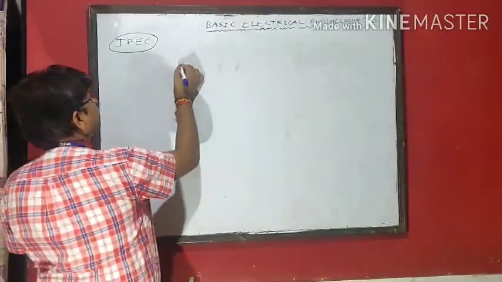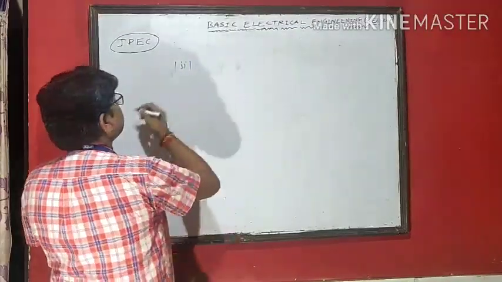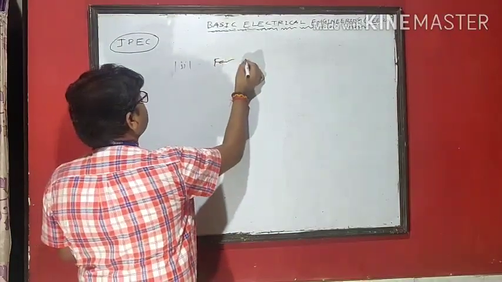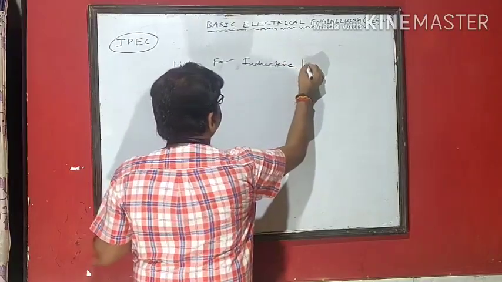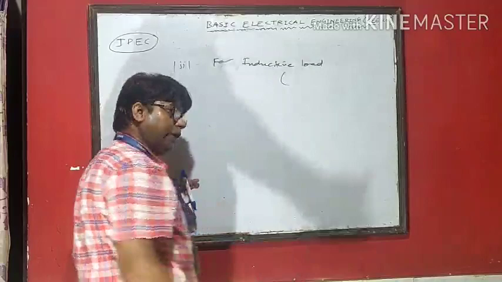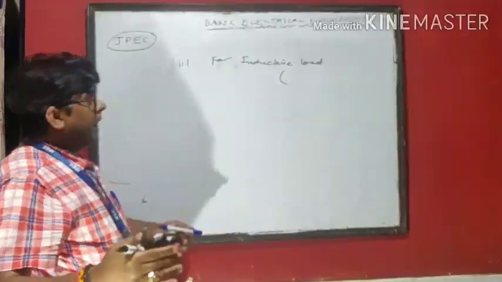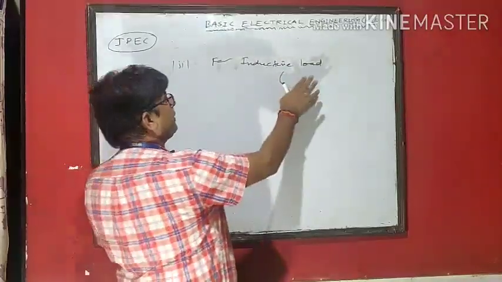Second part. For inductive load. Not pure inductive, because in pure inductance I2 is lagging by pi by 2. But here write not pure inductance.